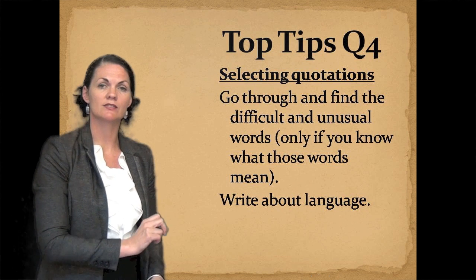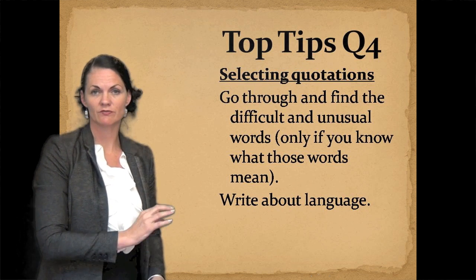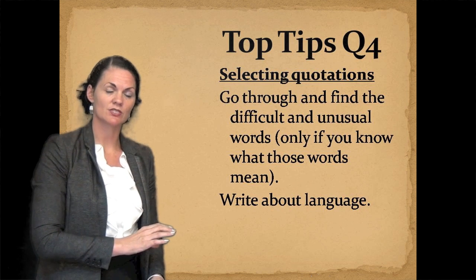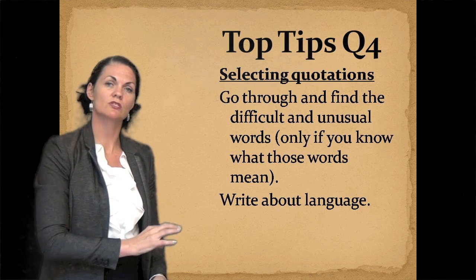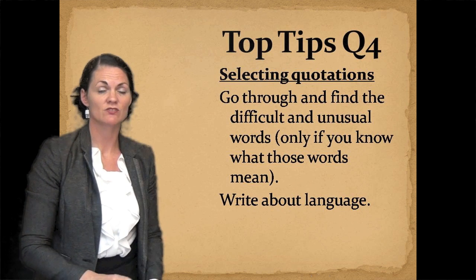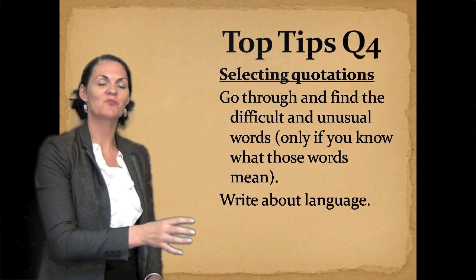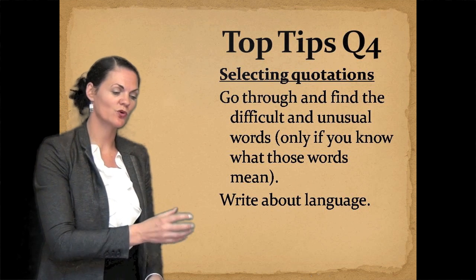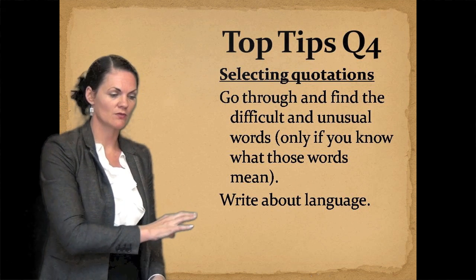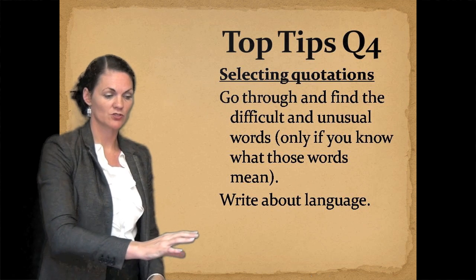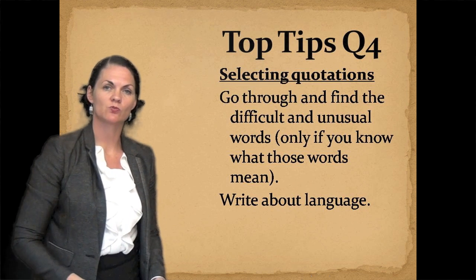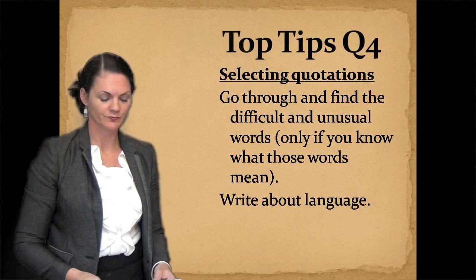So you can just highlight unusual words and phrases that stand out to you as you're reading the sources for the other question. That's the first thing, and then that will make it easier when you come to question 4 in looking at the sources and deciding which one it is that you want to write about.